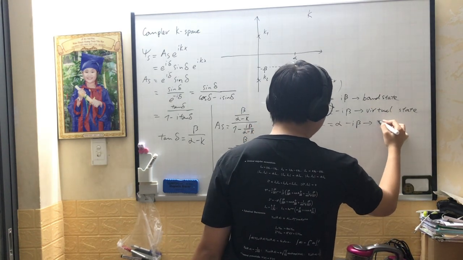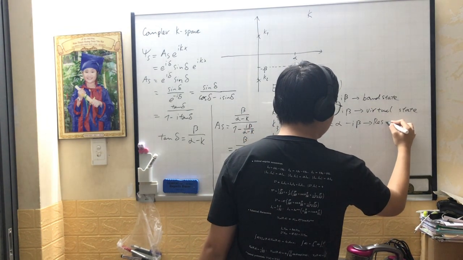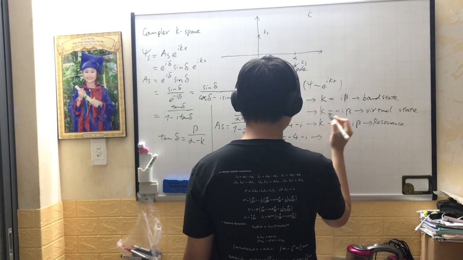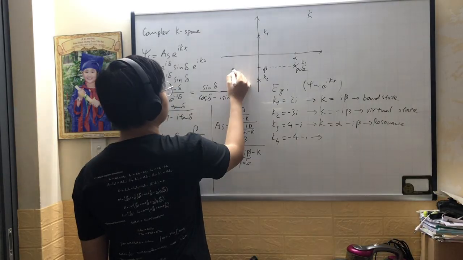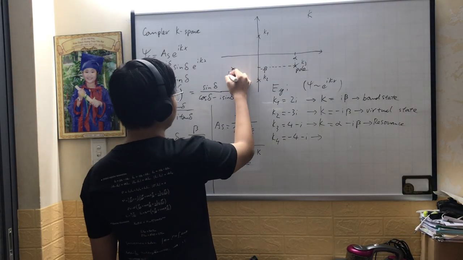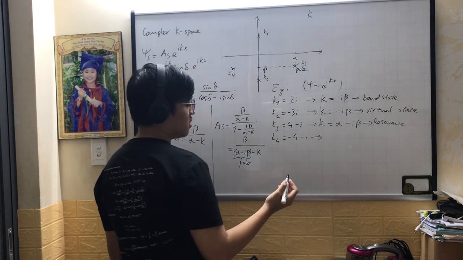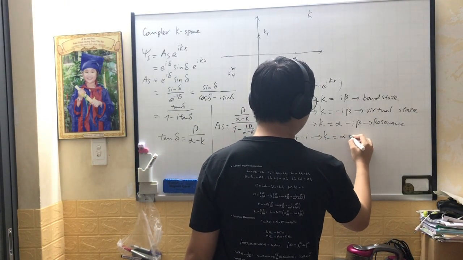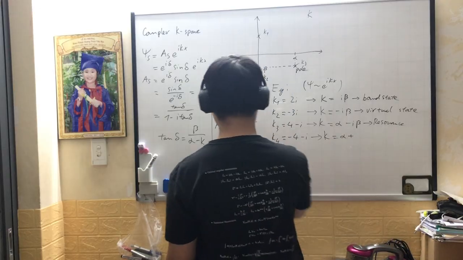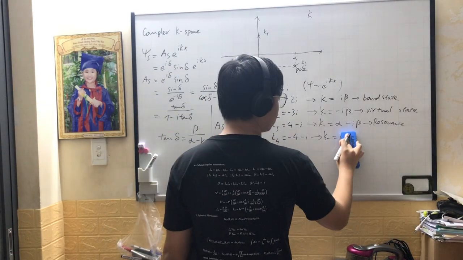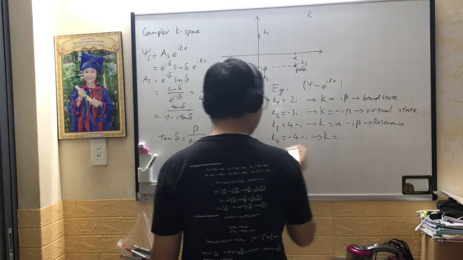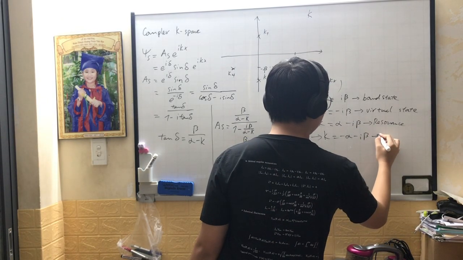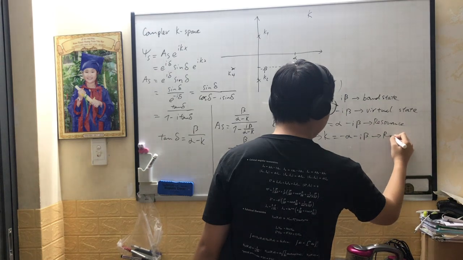Well, as I mentioned before, it is a resonance state. And here would be your k4. Again, generalize that to be equal to minus α minus iβ. And this would also indicate a resonance state.